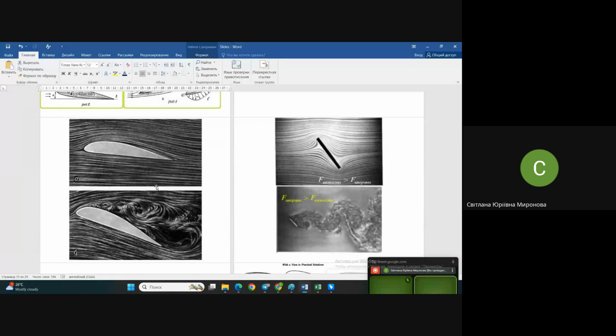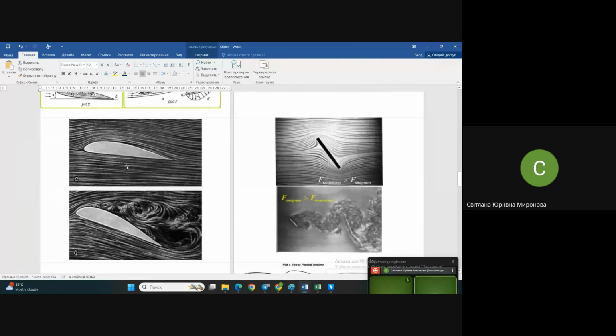On the left, right now, we see a profile, which is usually called an airfoil, and we see how it's streamlined, how it's flowed around with these fluids and these streamlines.